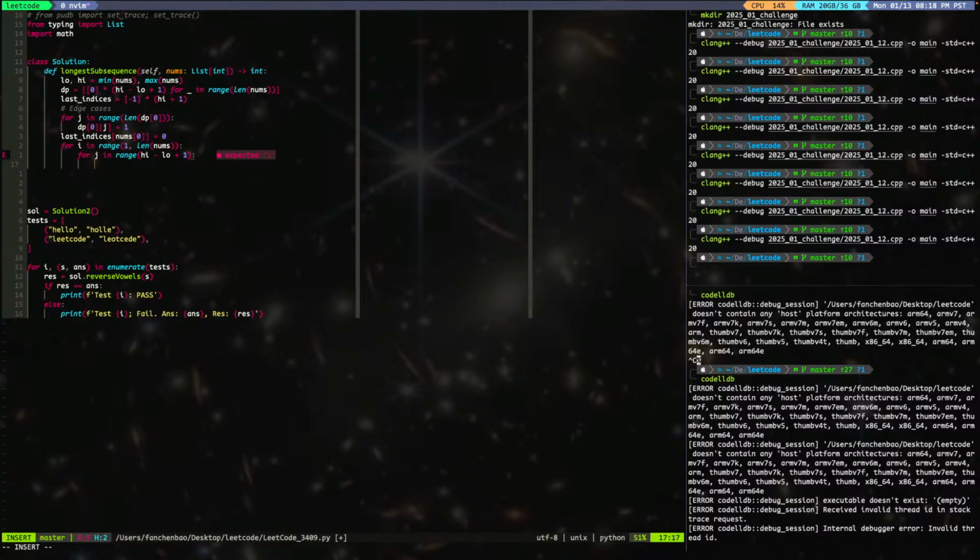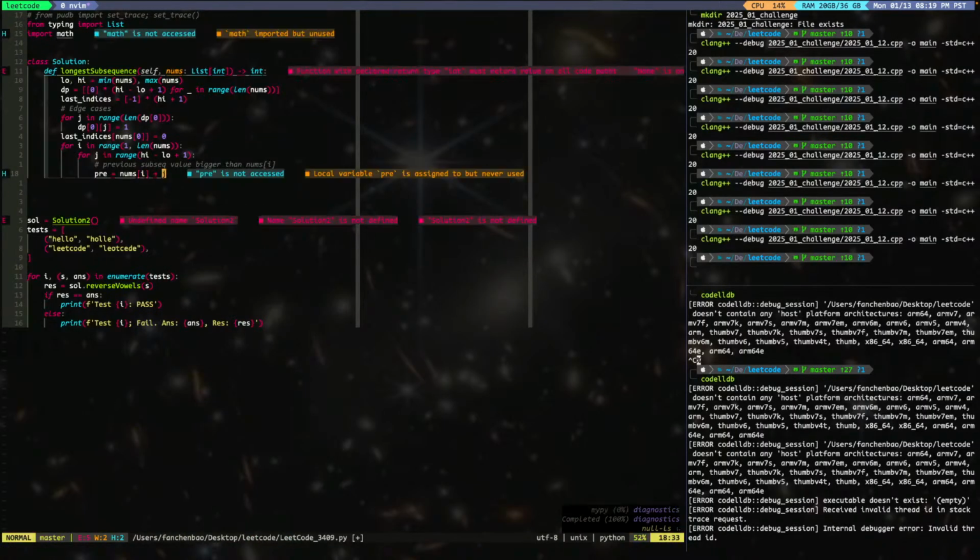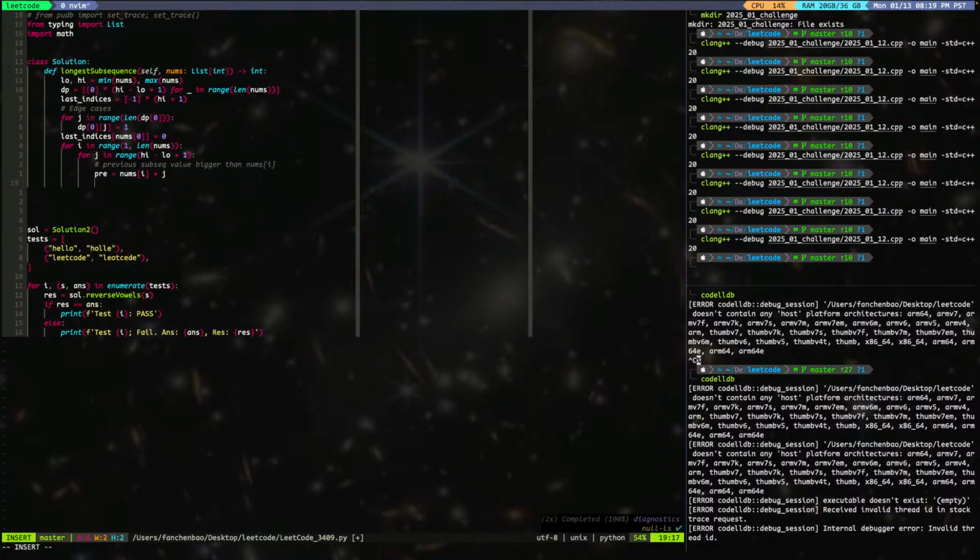Right. So for two possibilities, previous subsequence value bigger than nums i. Right. So pre shall equal to nums i plus j. Right, nums i plus j.